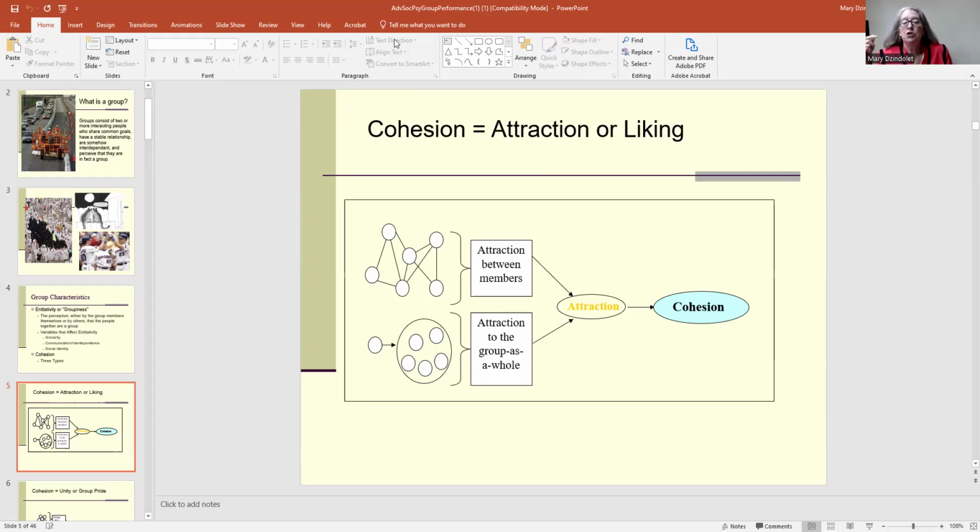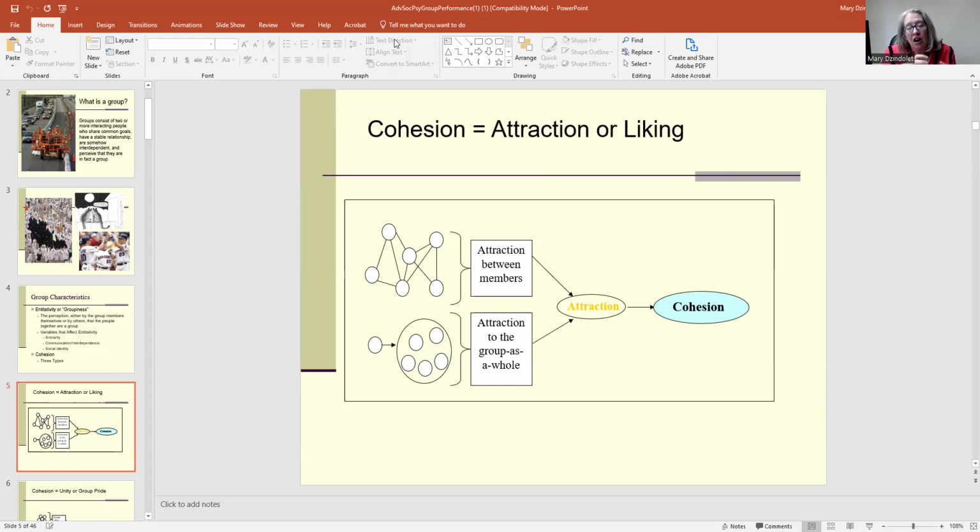So one of them is attraction. You can have attraction where everyone in the group likes everyone else in the group, but also attraction of you to the group as a whole. How much do you look at this group and you're like, wow, I really like this group. And man, I'm excited to be a member of them. And how much do you like each of the actual members in the group?